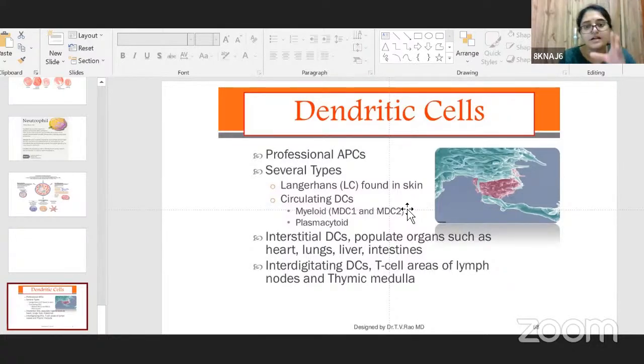Then they make this presentation. They are antigen presenting cells, so they present the antigens to the T helper cells. This triggers the immune system pathways, either the humoral immunity or the cell mediated immunity. Myeloid dendritic cells have high levels of receptors in the cell membranes.